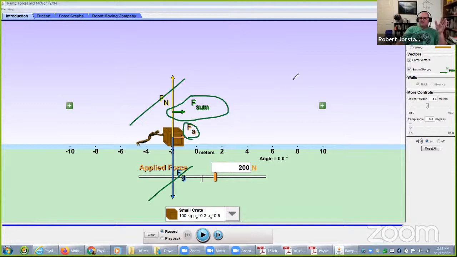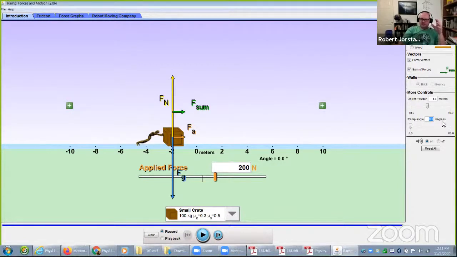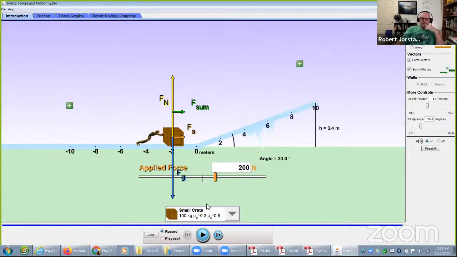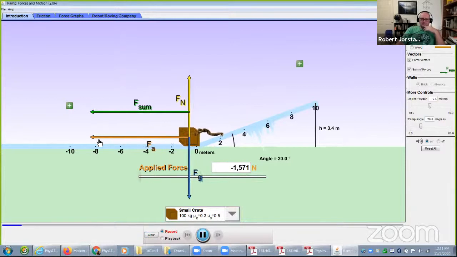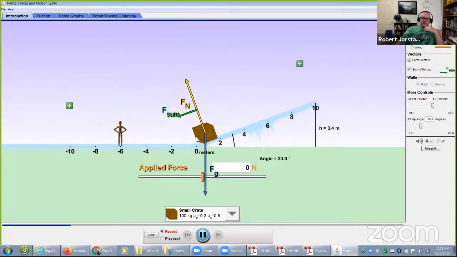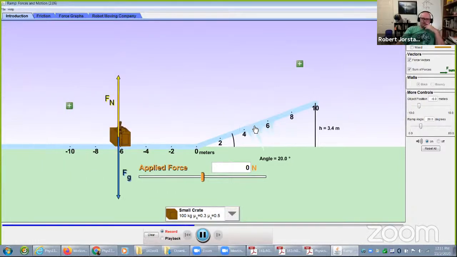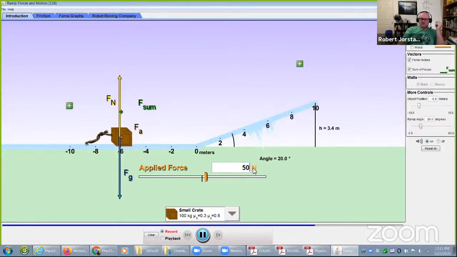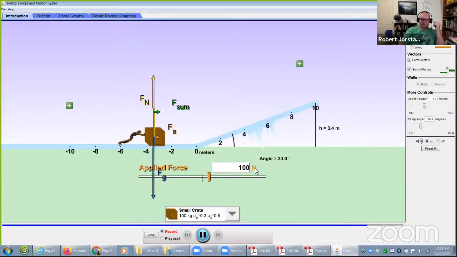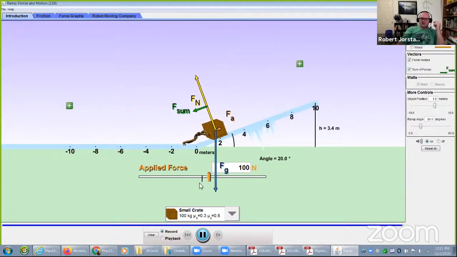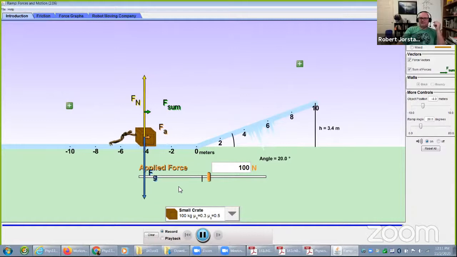Now, what happens if we do this on an incline? This is where things get a little bit tricky. So when I do this one, let's reset this. This is going to be tricky. All right, let's return this object. Okay, so now I'm going to start here. I'm going to do the same thing, and I'm going to push this thing up the ramp with 50 newtons. Let's go 100. Now, in this case, where it gets tricky, I find this kind of funny here.